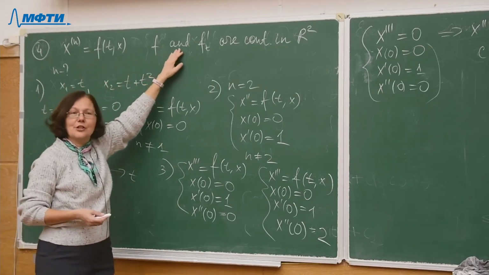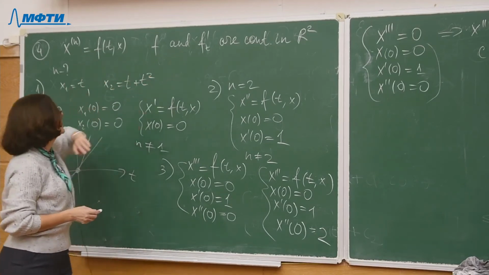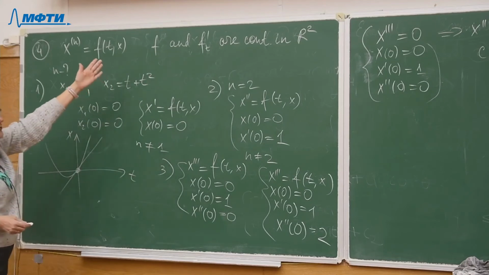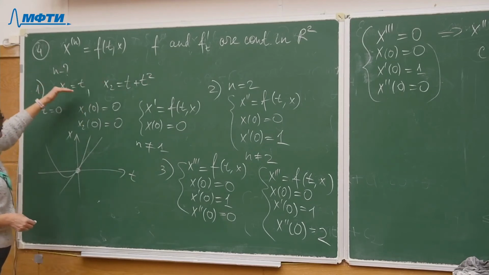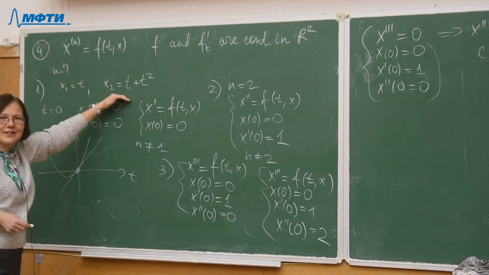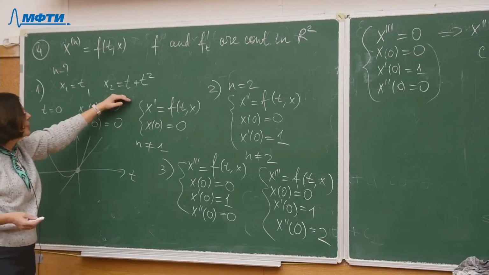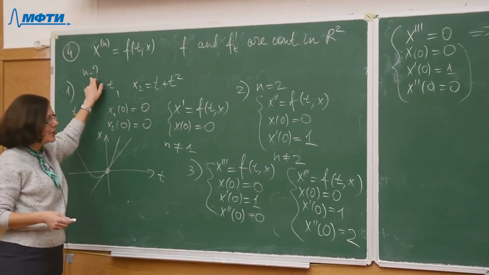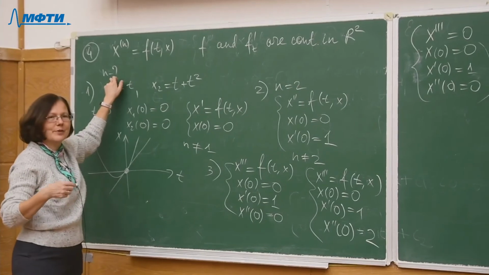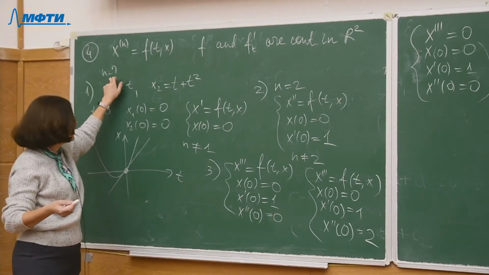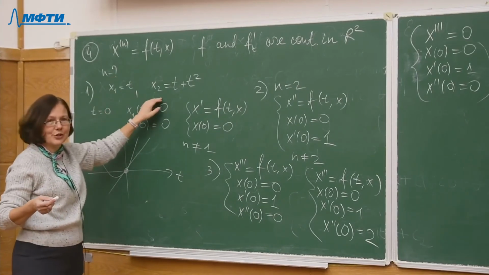F is sufficiently good, good enough. We have 2 solutions. The task was for which value of n is it possible to have 2 different solutions?